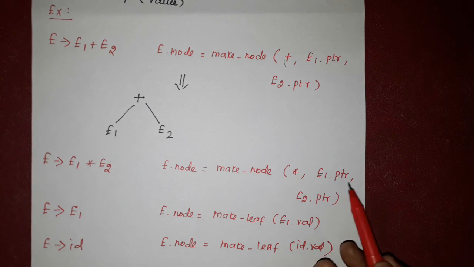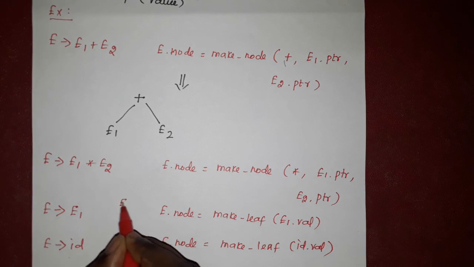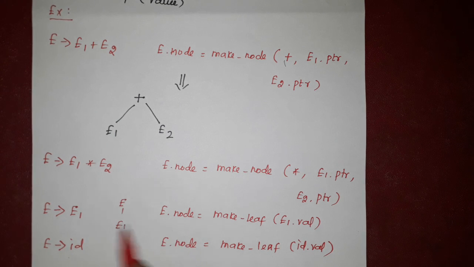So write E1 dot pointer and E2 dot pointer. But see, for E tends to E1, there is no operator, so we use the function make leaf to create the node for this expression. We write E dot node is equal to make leaf of this particular expression value, because this is the only value. E tends to E1. Here E is a node, so we write E dot node. E1 is a leaf, so we write make leaf of this particular expression value.